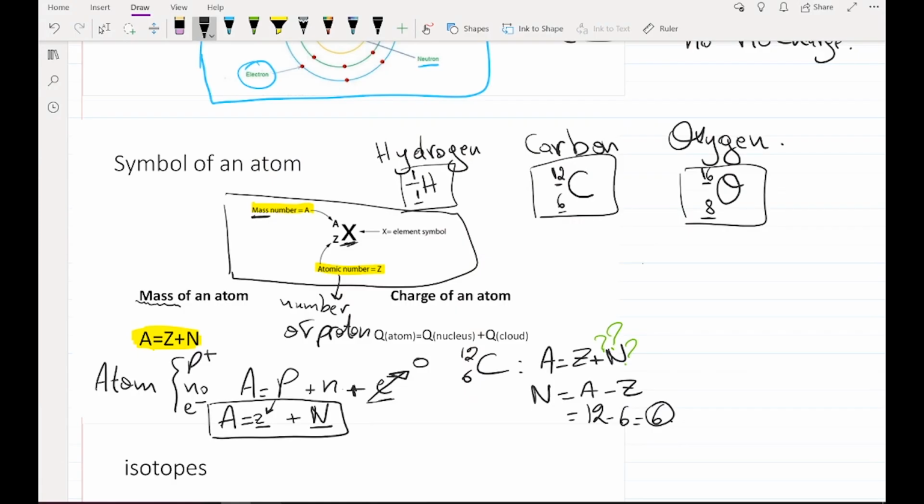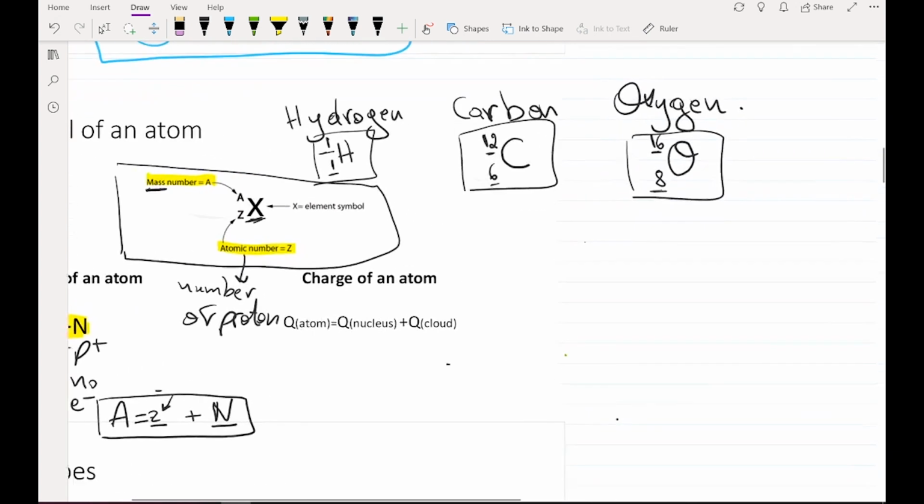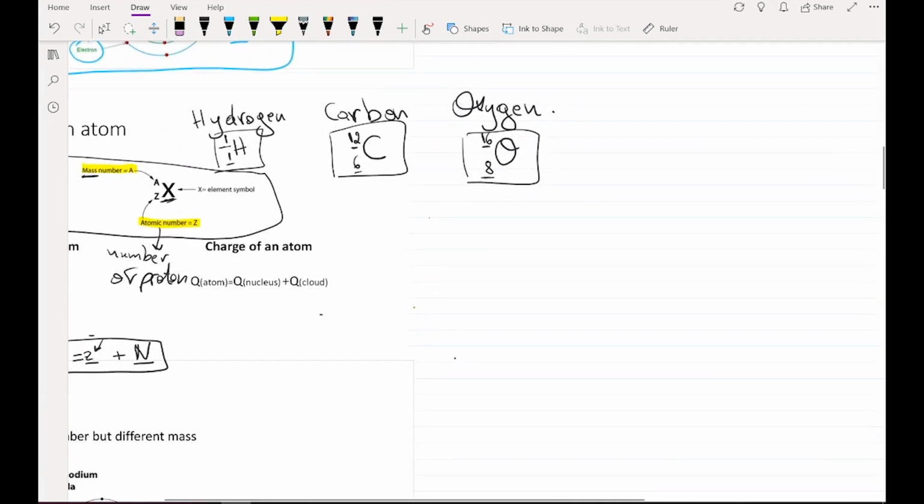هلا عنا concept تاني كتير مهم هو charge of an atom. محي لنقدر نكتب example. So charge of an atom.